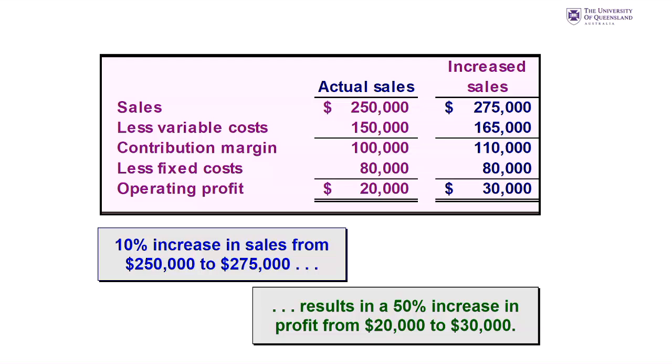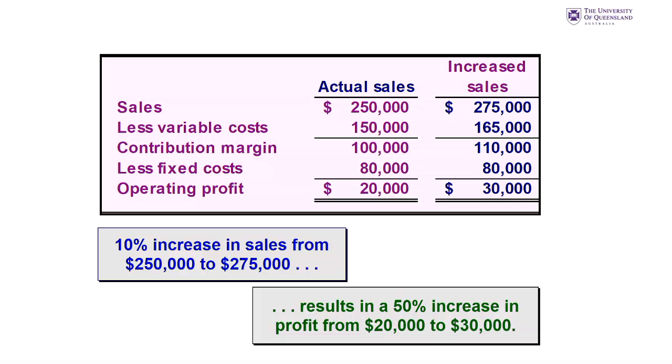Because we sold more, we take our variable costs away from our revenues, and that gives us our contribution margin, less our fixed costs, and our profit is now 30,000. So we can see that there's been a 50% increase in profit as a result of the 10% increase in sales, fixed costs remaining constant. All good? Okay.